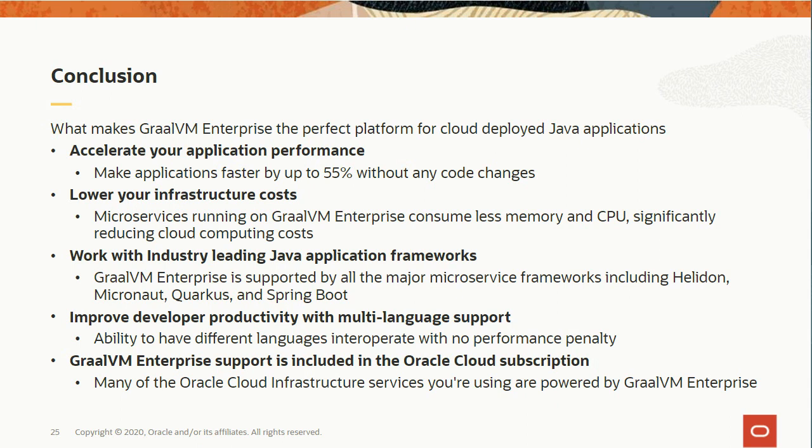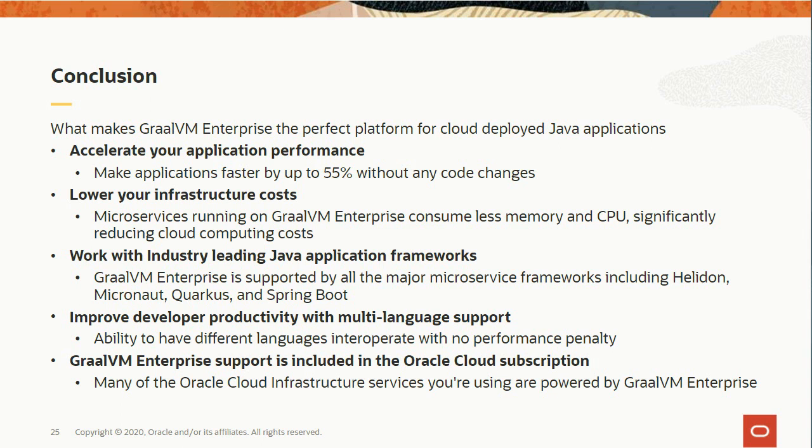As we observed earlier, microservices running on GraalVM Enterprise consume less memory and CPU. This reduced resource consumption helps lower your infrastructure costs and hence your IT bill. Besides, as we discussed earlier, GraalVM is supported by all the leading Java application frameworks. So you get to work with the framework of your choice.